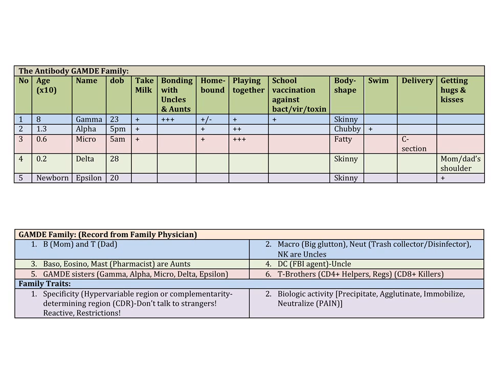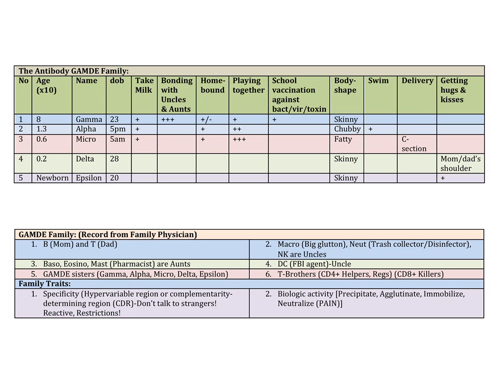Then we have other families, like aunts, which are basophils and eosinophils. The mast cell is one of the aunts of the family, and she's a pharmacist. Interesting. We'll discuss her in detail when we get to mast cells. Then we have the dendritic cell, which is an FBI agent. So one of the family members is an uncle, and he works as an FBI agent.